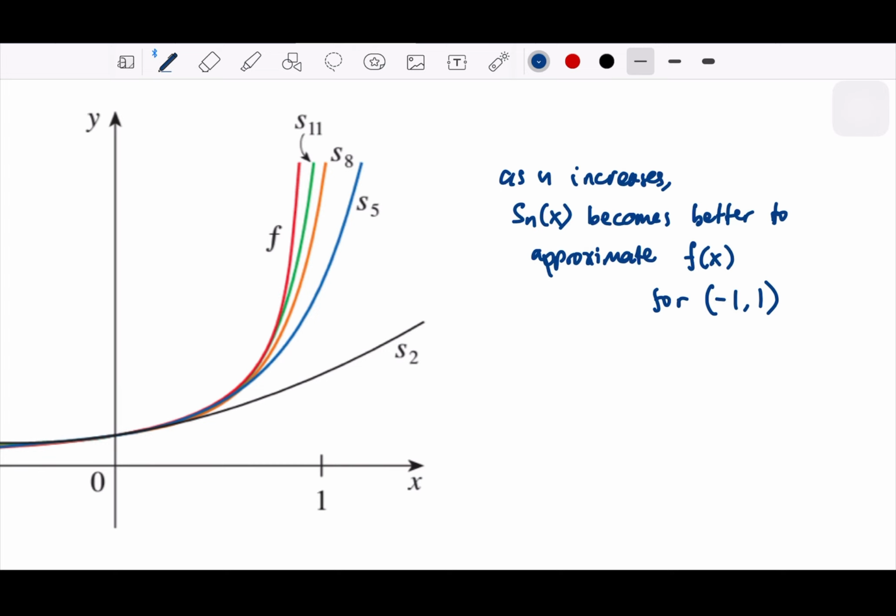Right? So we are just looking at this interval. The other interval we are not really observing because this is the interval we really care about. So f(x) is 1 over 1 minus x.